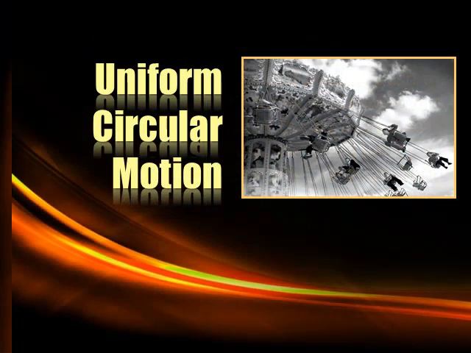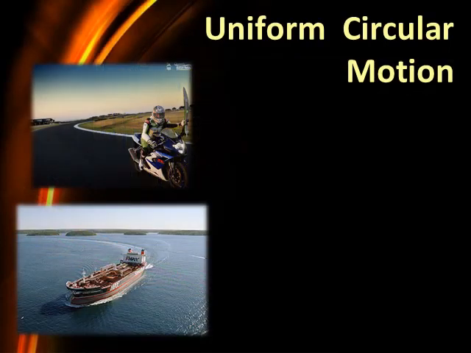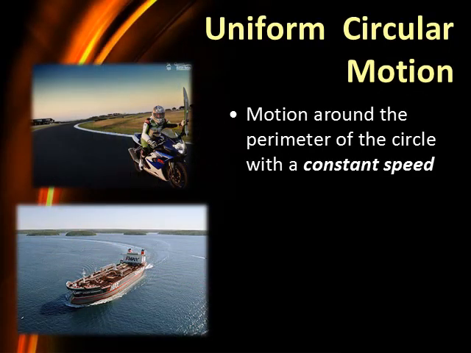Okay, now let's go to the uniform circular motion. So pag sabi natin uniform circular motion, ito yung movement ng mga objects moving along a circular path. Okay, sabi nga dyan, the motion around the perimeter of a circle with a constant speed. So constant ang speed ng any object that is moving along a circular path. So parang itong motorcycle rider na to. Paikot yung path niya.